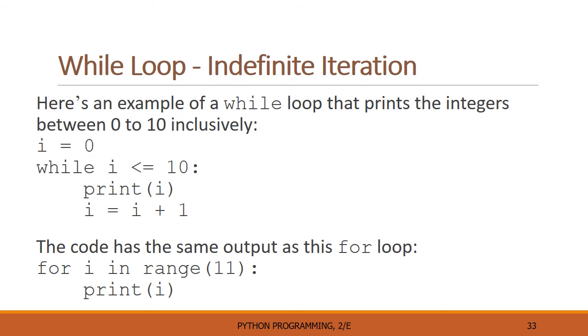As long as it's true, we're going to print i, and then we're going to increment i. So now i is going to be equal to 1. As long as that's less than or equal to 10, we're going to print i. That code has the same output as the for loop: for i in range(11), print i.